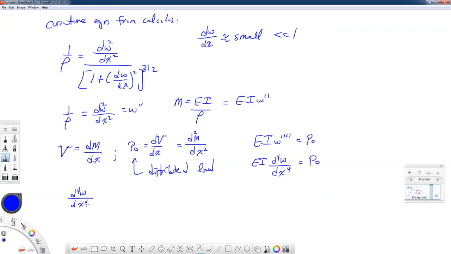It's a fairly straightforward one, but it has our distributed load divided by our E and I.